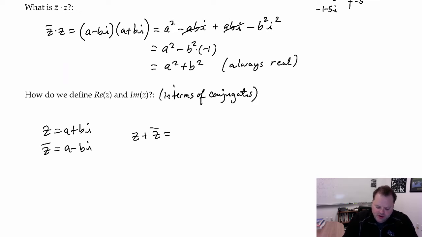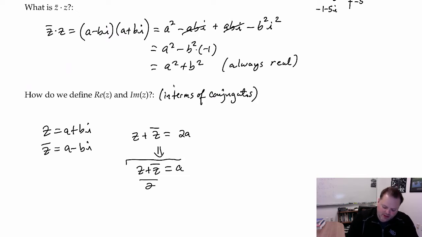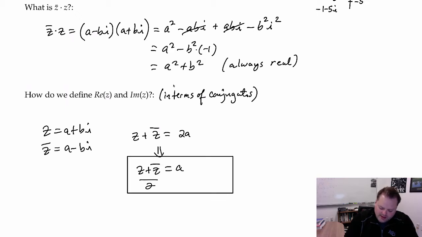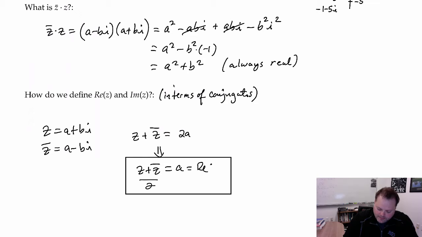Well, z plus z bar would be 2a, which means that if I wanted to solve for the real part, which is a, that's the average of the complex number and its conjugate. So this is defined as the real part of the complex number z.